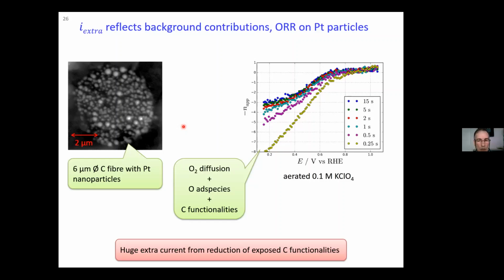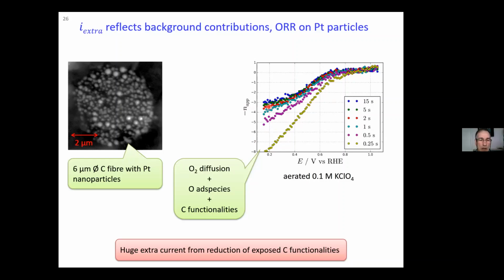And when we look at the sample current voltammogram, so again, this is normalized, so this is like the apparent number of electrons. What we find is that even for mild sampling times, the extra current is massive. It's a lot bigger than we would expect.